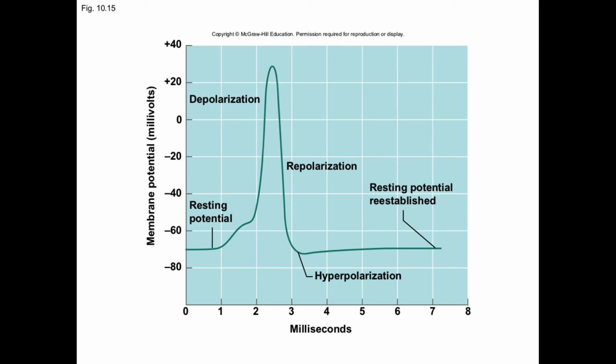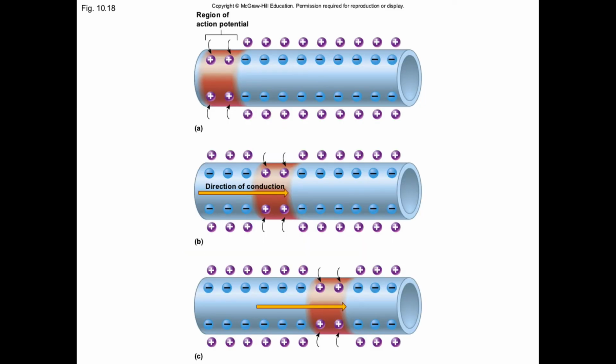Depolarization is followed by repolarization and a short hyperpolarization. And of course, this all occurs, class, in a very short amount of time, meaning in milliseconds, unlike a graded potential. Unlike graded potentials, action potentials do not decay with distance. They continue to go on and on, not decaying as a graded potential would.